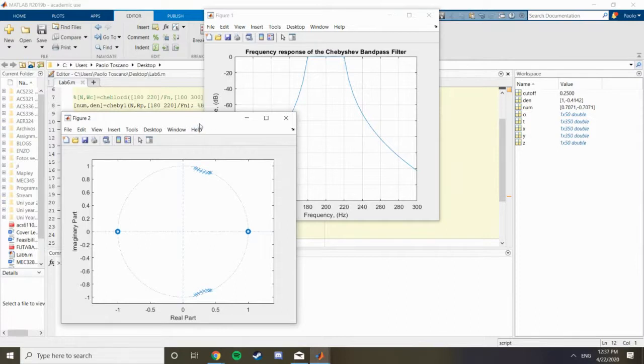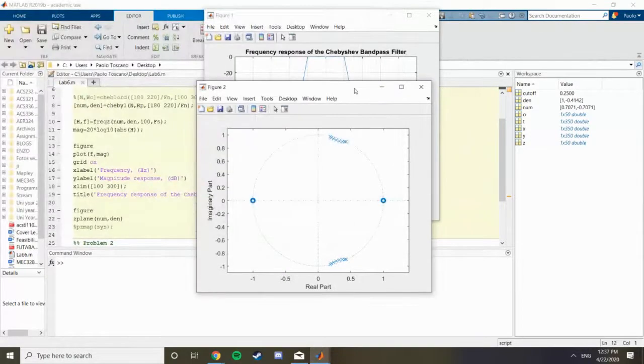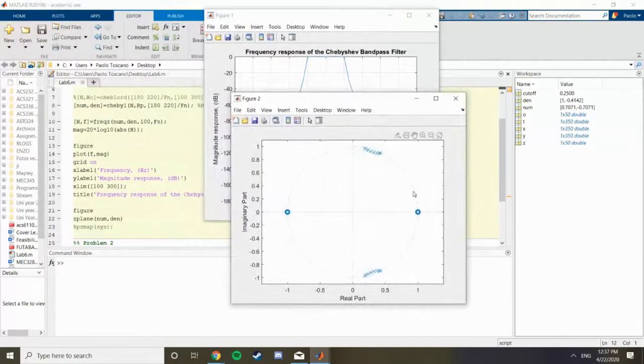So what is this telling us, how the filter is? It shows us zeros and poles. You have one zero at omega equals zero and one zero at omega equals pi, and both of them are on the unit circle. So it means that the frequency response at zero and pi is zero.